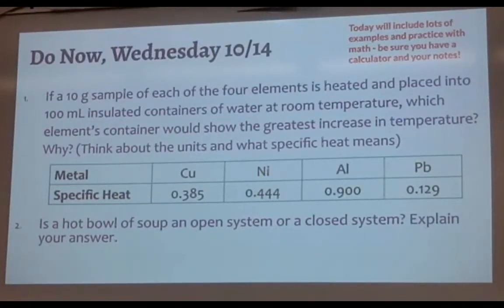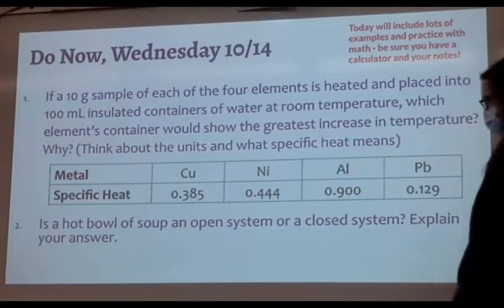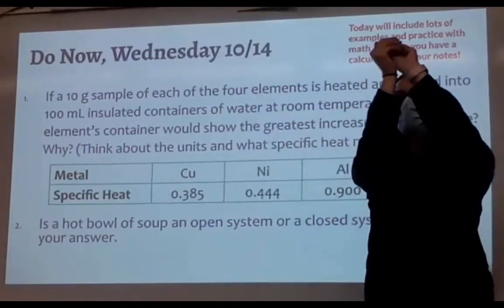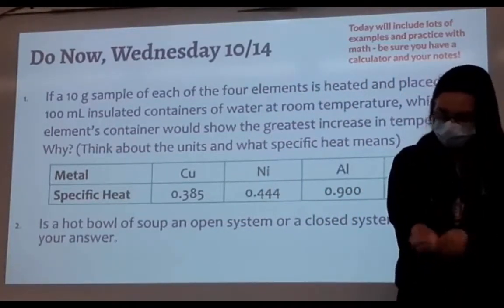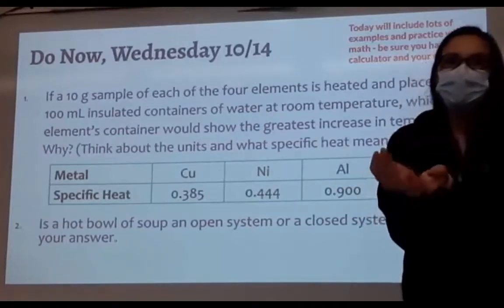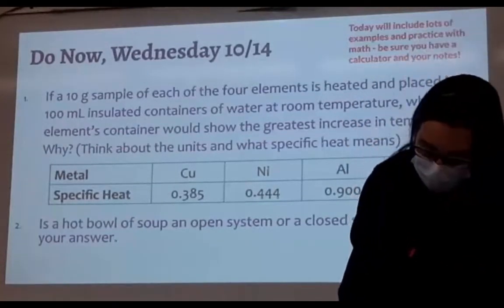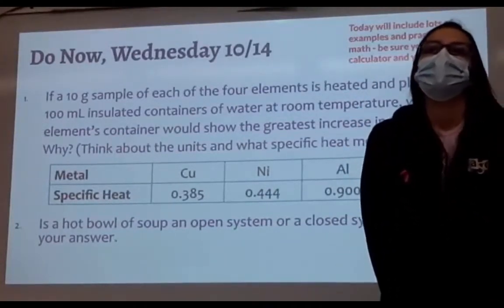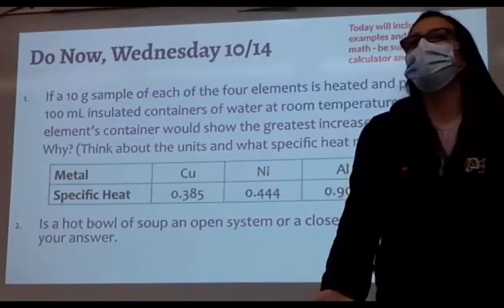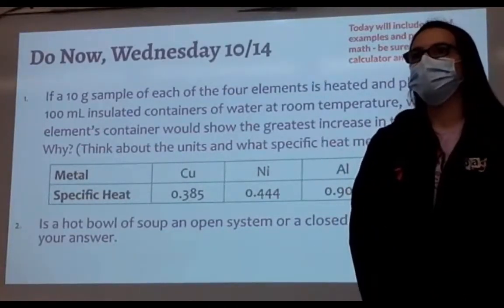And then number 2: is a hot bowl of soup an open system or a closed system? Explain your answer. So this is not a trick question. If I put a bowl of tomato soup on the table, is that bowl open or closed?